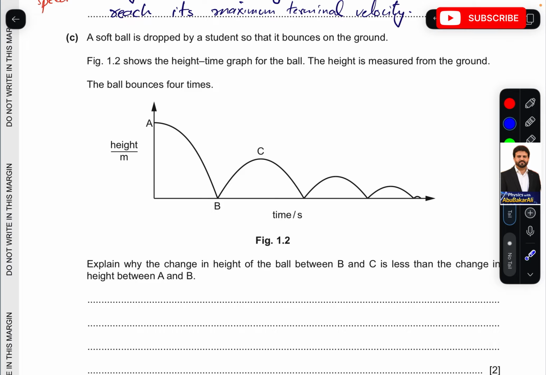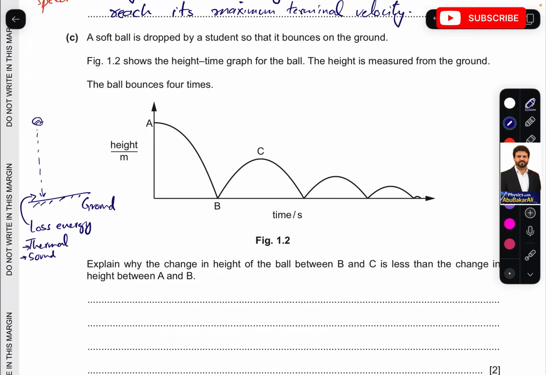This is very easy to observe in your practical life as well. If you bounce the ball, you will see it will keep on decreasing in height and eventually it will be at rest. Why? Because every time this ball hits the ground, at this point it will lose energy, in the form of thermal and sound.